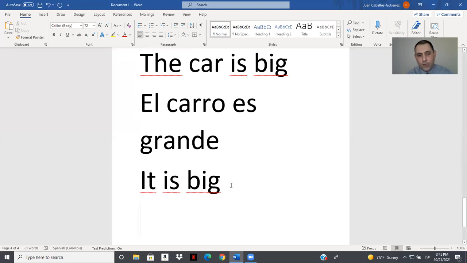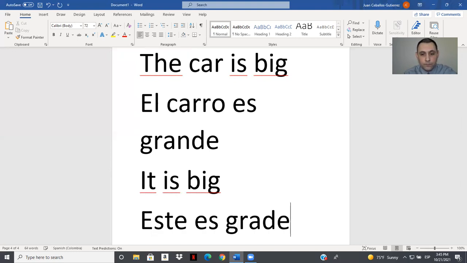But there is something we can use. They are called demonstrative pronouns. Demonstrative pronouns is something we are going to learn later on. So I'm just going to give you an example. They are not very common, but you can use them to replace things or animals. Instead of saying in Spanish, the car is big, I can say, este es grande.